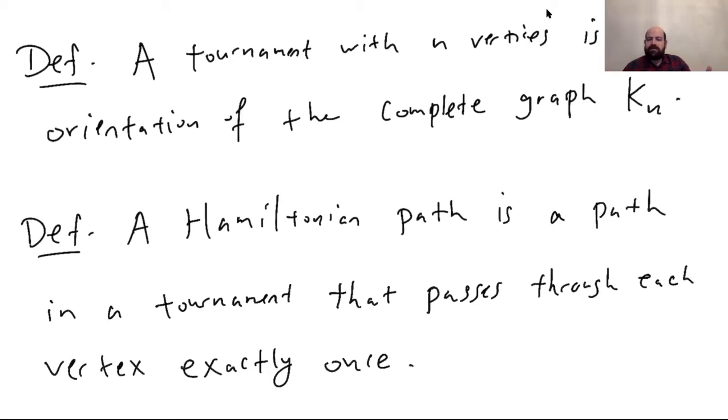So let's say if the direction is from A to B, it could mean that the game is conducted so that team A is at home and team B is away. Okay, so this could be an interpretation for a direction here. And then Hamiltonian path would mean that you want to conduct a tournament and assign orders to the games.